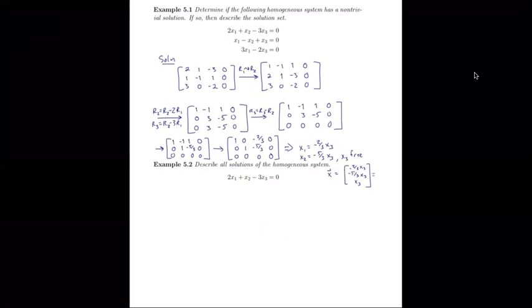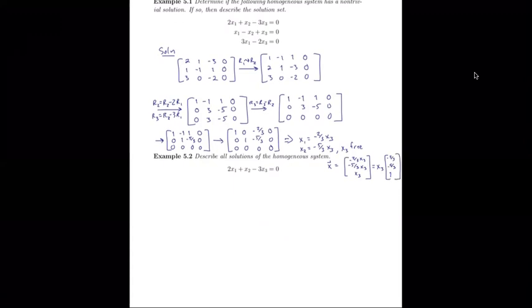The last thing we can do is factor out x3, and this will be a common thing that we do in future problems: -2/3, -5/3, and 1. And then we just declare that x3 is some free variable. And that's the form of the solution that we'll tend to write this in. So we'll see why we do that in just a moment on the next page.